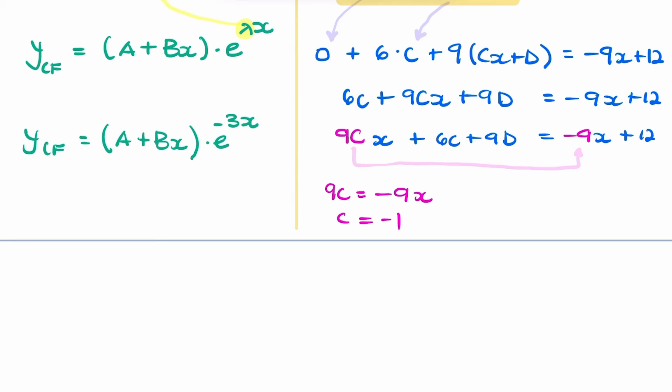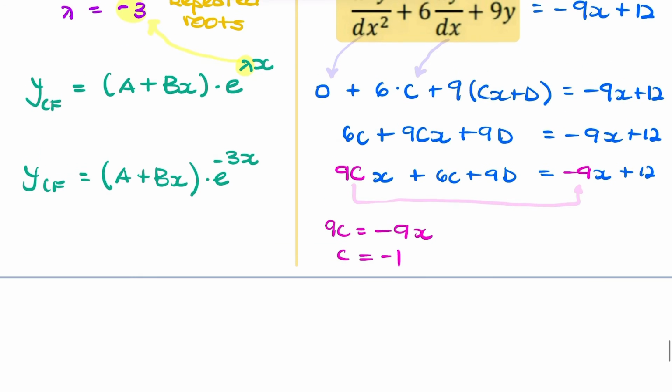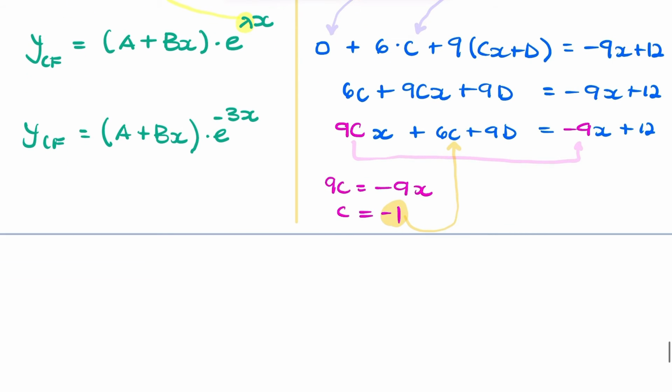So that's really helpful. Now we know the value for c. We can substitute that in and find d. So we'll look at the number that doesn't have an x attached to it.